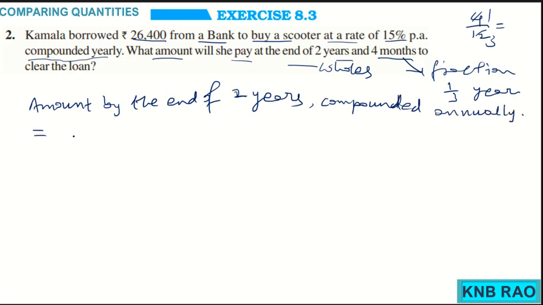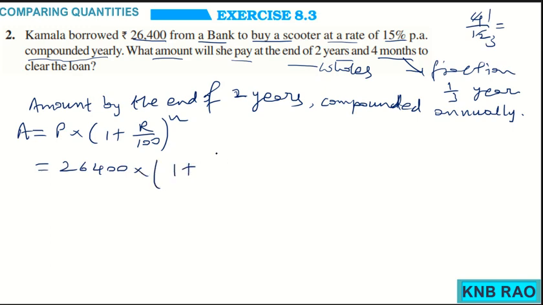So A equals P into 1 plus R upon 100 raised to the power n is the formula I have used. 26,400 multiplied by 1 plus 15 by 100 raised to the power 2.